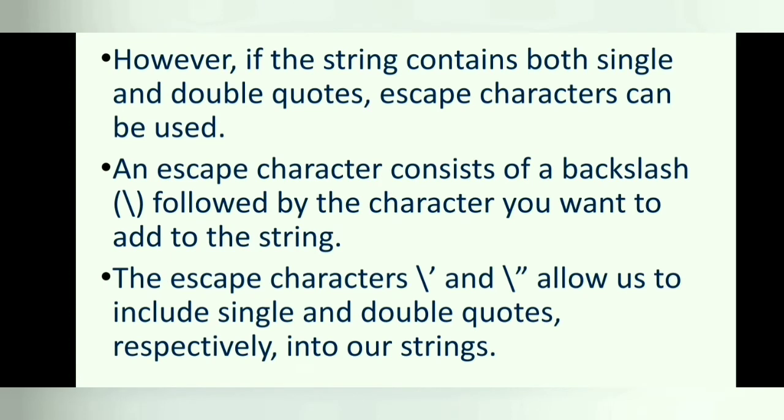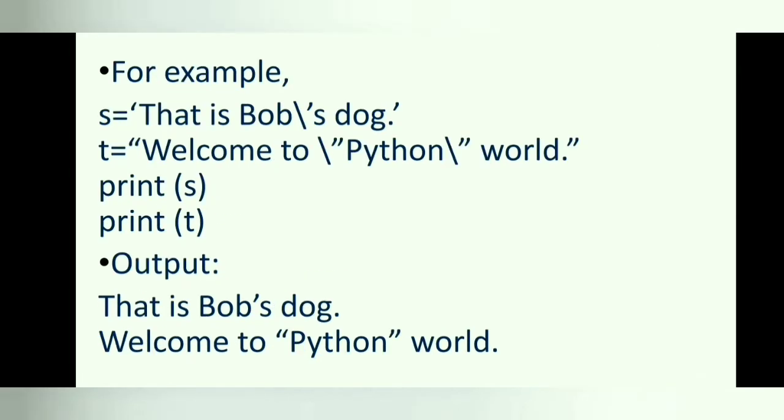However, if the string contains both single and double quotes, escape characters can be used. Escape characters consist of a backslash followed by the character we want to add to the string. The escape characters backslash single quote and backslash double quote allow us to include single and double quotes respectively into our strings.